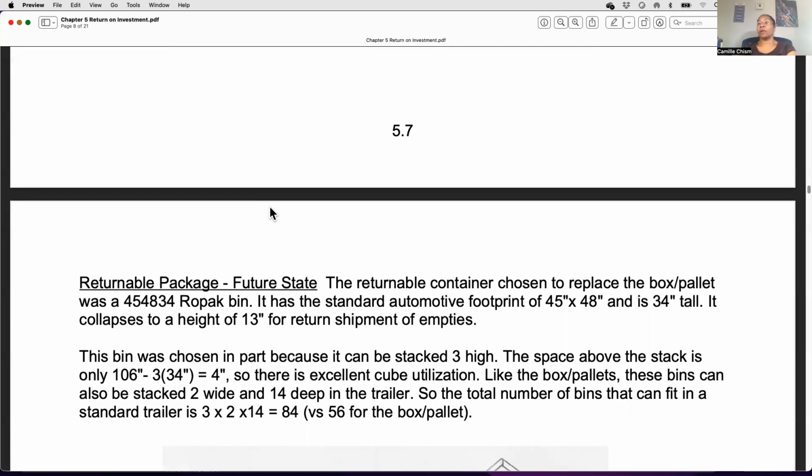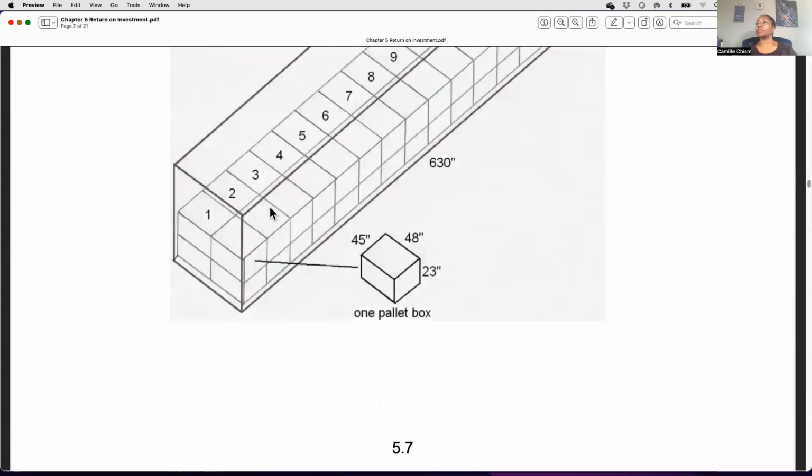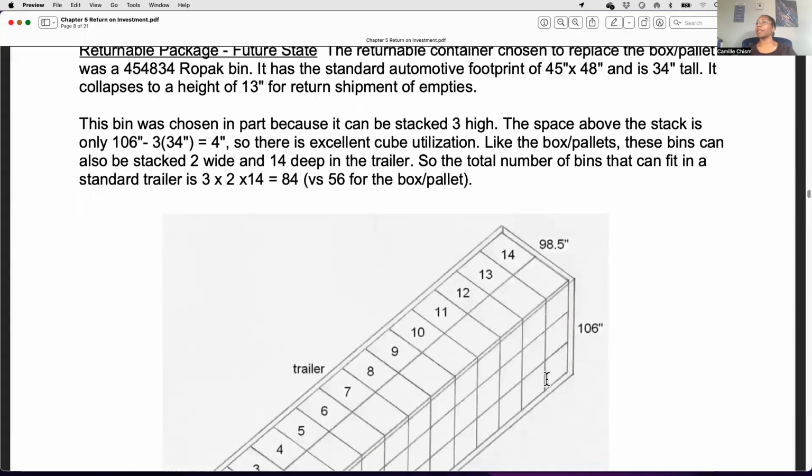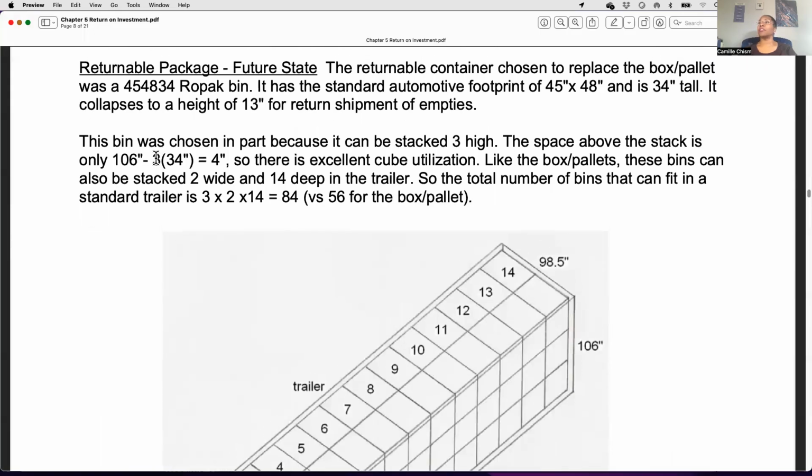Okay, so I mentioned before, it was good because it can be stacked 3 high. You take the 106 inches, which is the height of the trailer, and with 3 high, you take 3 times 34, the 34-inch height, and subtract that from 106, and you get 4.